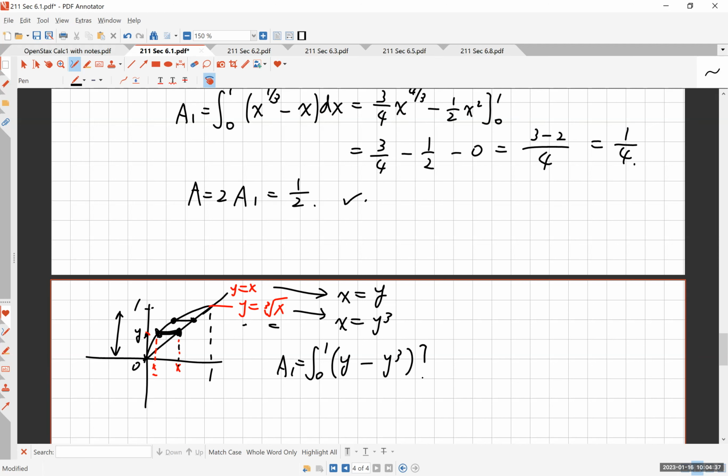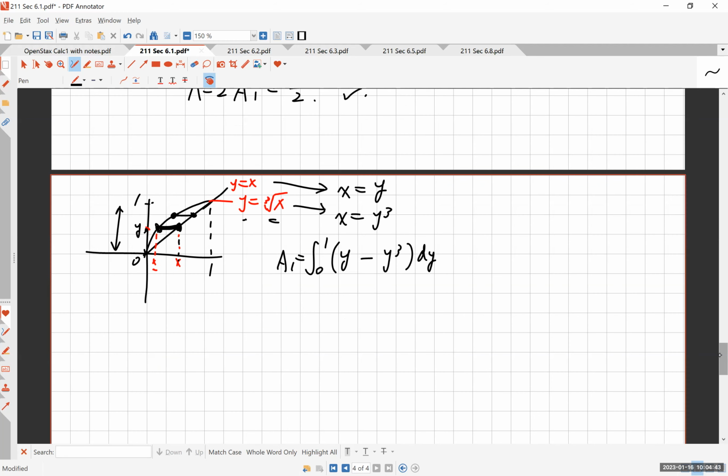So you evaluate this integral with respect to y, and you should get the same answer, which was 1/4, and doubling it, you should get 1/2. Let's go ahead and do that. This will give you y squared over 2 minus y to the 4th over 4. Evaluating this from 0 to 1, you have 1/2 minus 1/4 minus 0 minus 0, of course. And this is 1/4, as before.